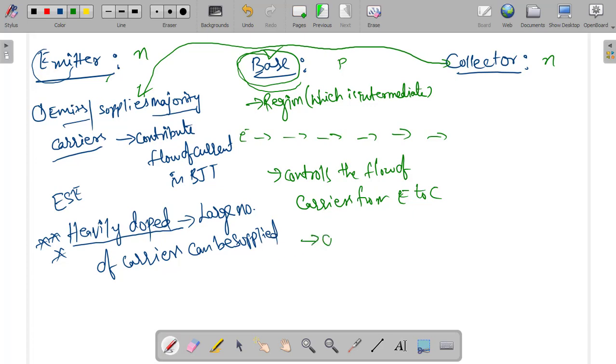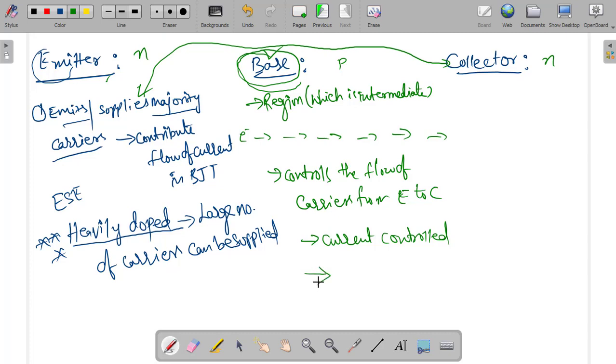If you control the flow of carriers, the current can automatically be controlled. So it acts like a control terminal. Base region is the control terminal.